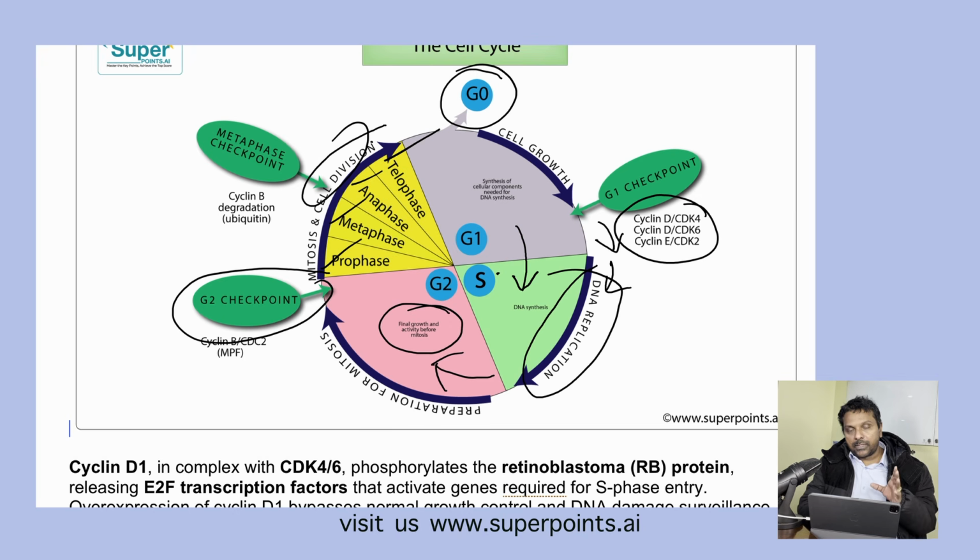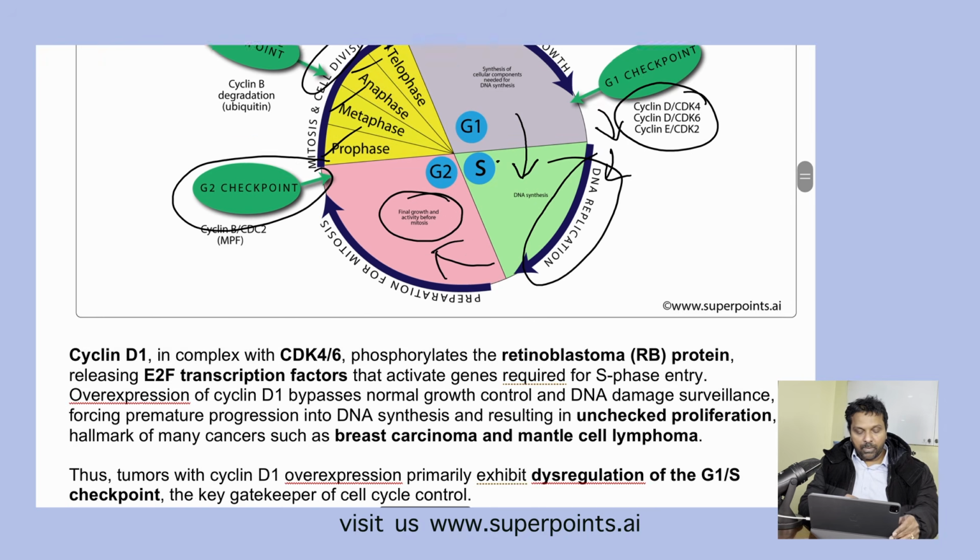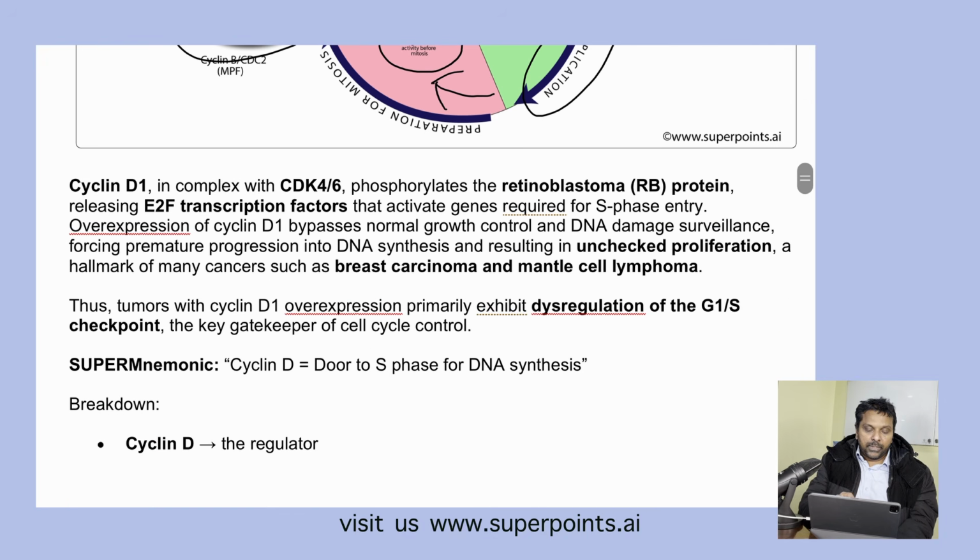So for the cell cycle, the best way is to remember this diagram in your mind. That is the best thing you can do about it. Cyclin D1 in complex with CDK4/6 phosphorylates the retinoblastoma protein, releasing E2F transcription factors that activate genes required for S phase entry.